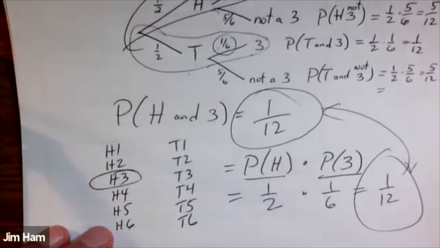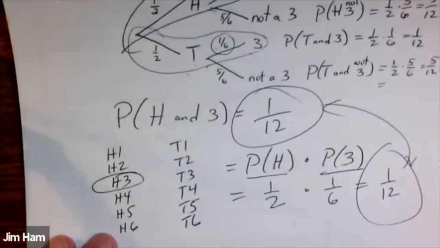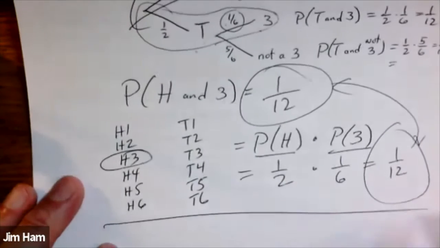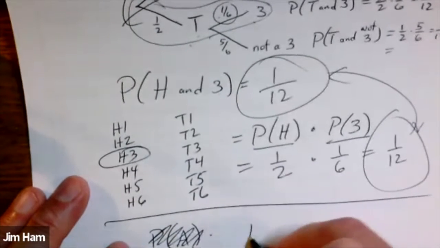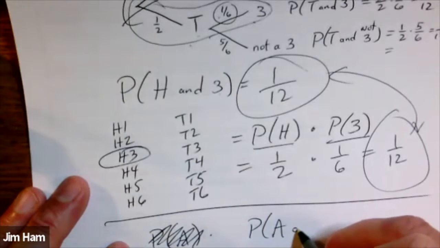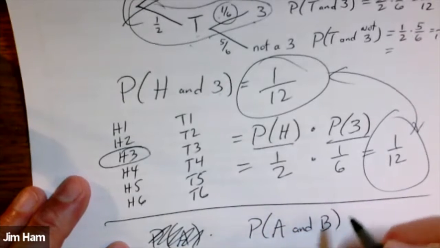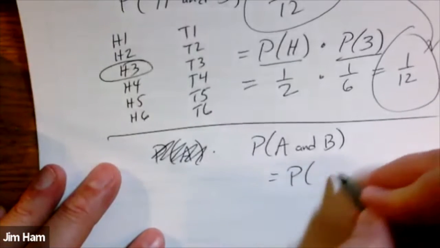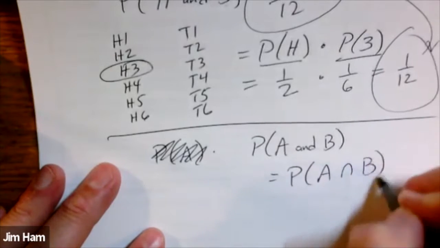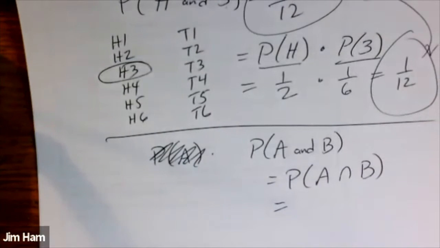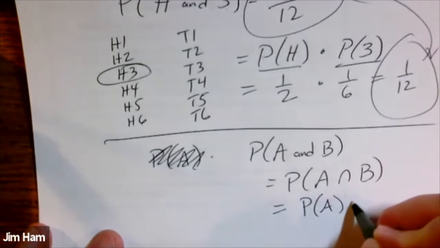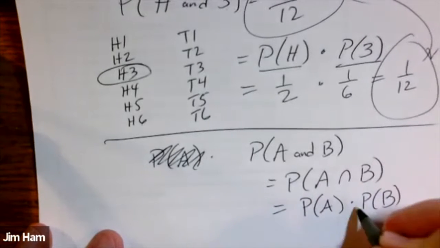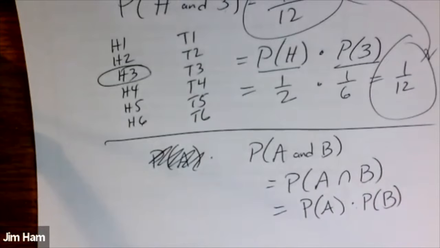And here's a scenario where we have 2 independent events. So this one here is the probability of A. We're trying to figure out the probability of A and B. That's the same thing as the probability of A intersect B. And basically all you have to do in the independent case is just multiply the probability of A times the probability of B. And because multiplication is involved, we call this the multiplication rule.